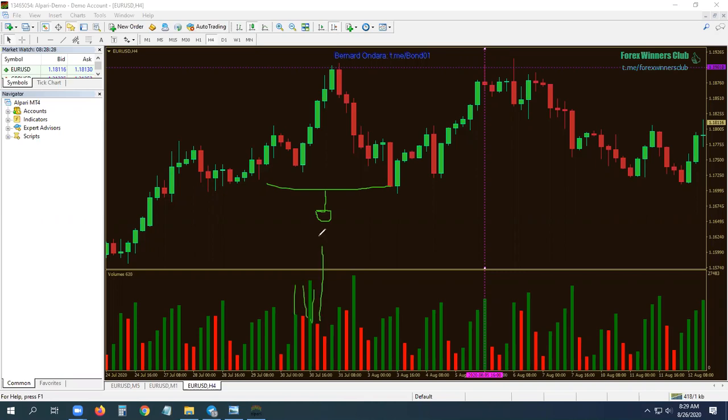This is an upthrust. For a downthrust, you have a support level, you have a tiny body, a long wick towards the support level. If you check volume, volume is higher than the previous candles. This is a downthrust, this is an upthrust. Upthrust says the market will reverse to the downside. Downthrust says the market will reverse to the upside.